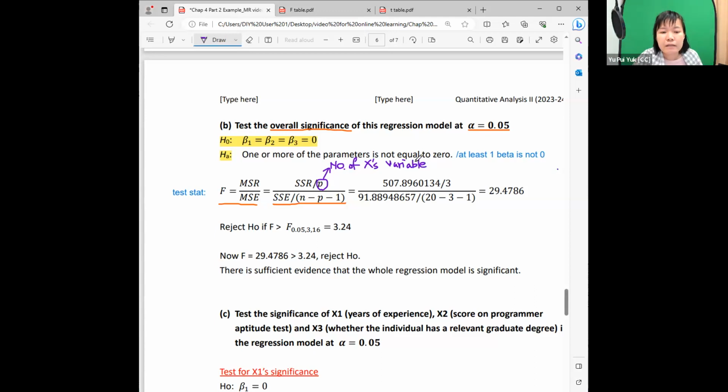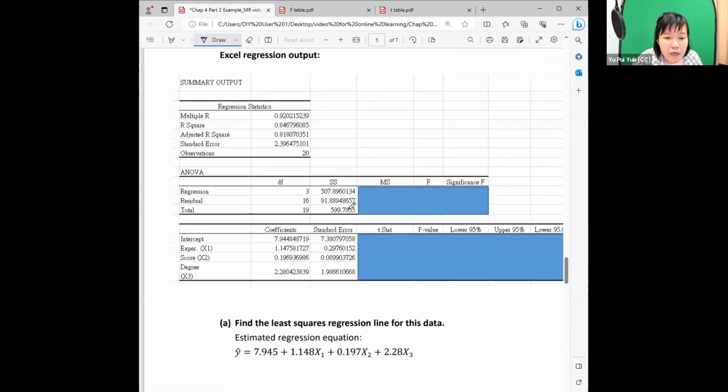Now, given the Excel output, we can obtain the SS, from the ANOVA table, the sum of squares. I will hide the MS, the F test statistic, and the p-value so that you can find the test statistic by using the SS.